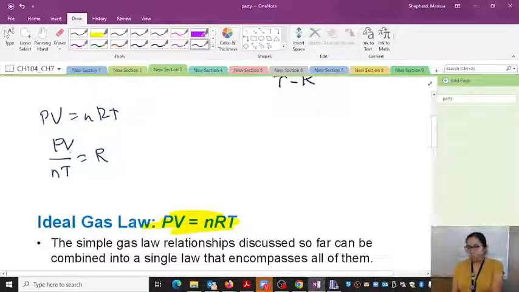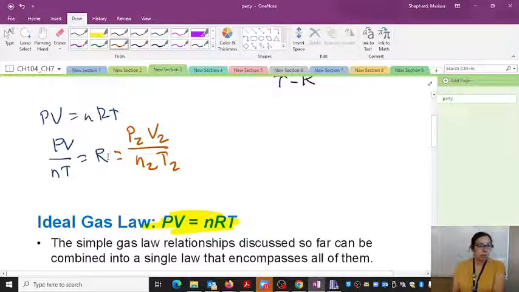And so let's say I wanted to look at another set of conditions. It doesn't matter what it is. So now this is equal to P2 V2 over N2 T2.